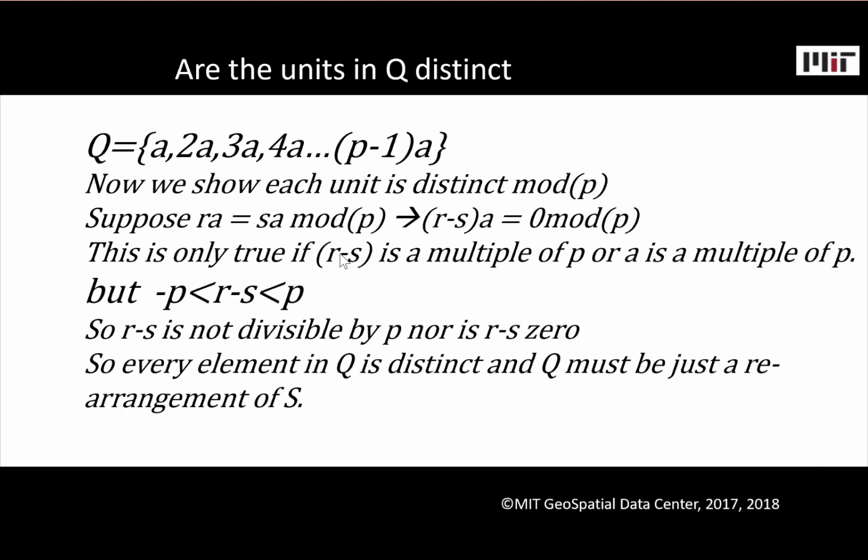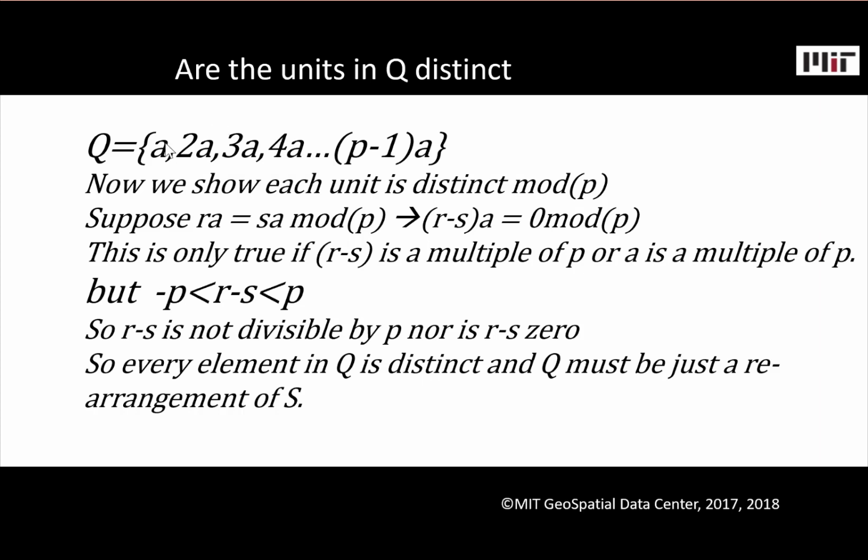Now, r minus s is not a multiple of p, and a is not a multiple of p. So this can't be true. So r and s must be distinct, which means that each of these is distinct with respect to modulus p. r minus s is not divisible by p, nor is r minus s 0. So every element in Q is distinct.